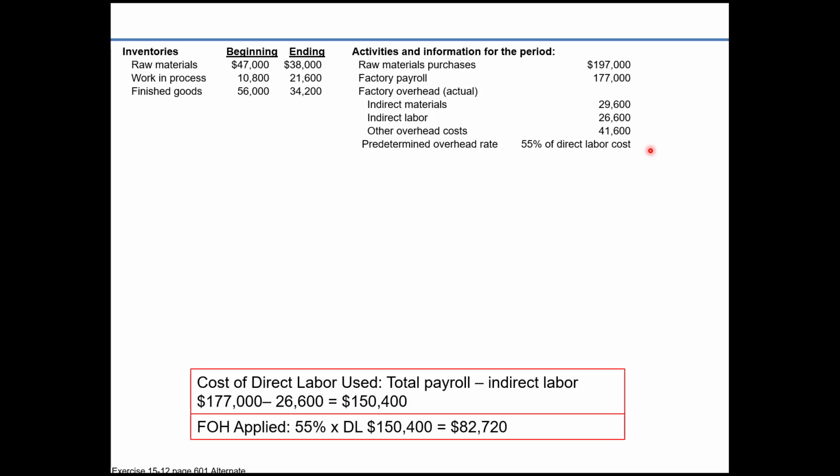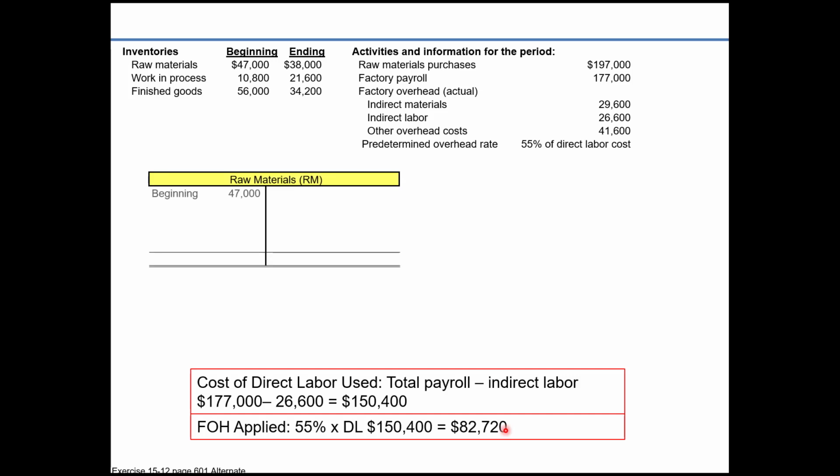This firm has determined that they want their predetermined overhead rate to be equal to 55% of direct labor cost. We need to know what total direct labor used is, and I computed that number for you here, and then we'll just multiply that by the 55%. So we will apply overhead to work in process for 82,720 in this example.